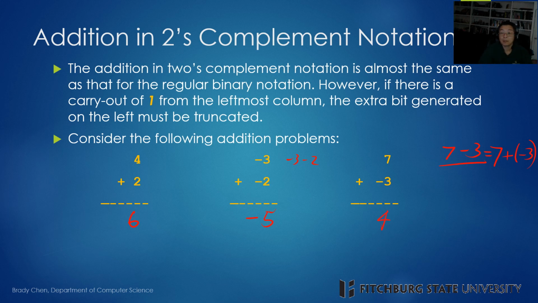Now, let's take a look at how we can use 2's complement notation to perform this operation. Let's take a look at the first one. In that case, both numbers are positive. So let's assume we use 2's complement notation on a 4-bit system.